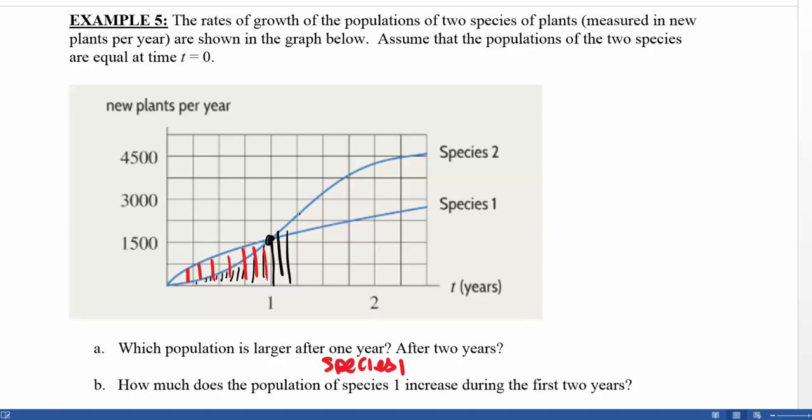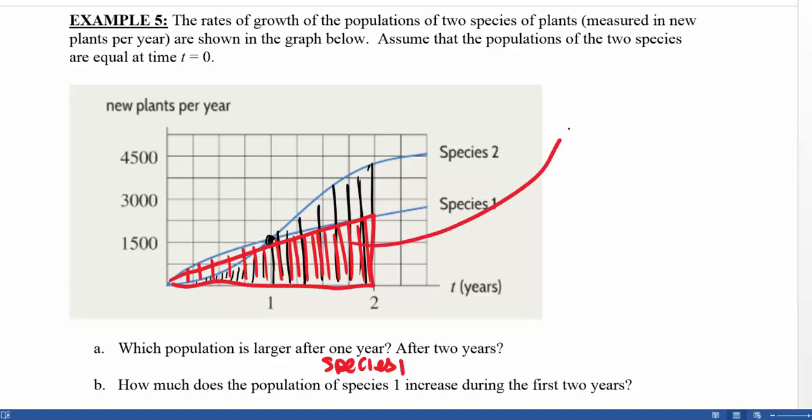However, if we look at what's going on after 2 years, we can see that what happens is that species 2 starts growing a lot more rapidly, and then species 1 doesn't grow quite as fast. So what we probably want to do is approximate the area of each of these to get a sense of how big they are. So for species 1, it looks like we can draw in a little triangle here to approximate that area.